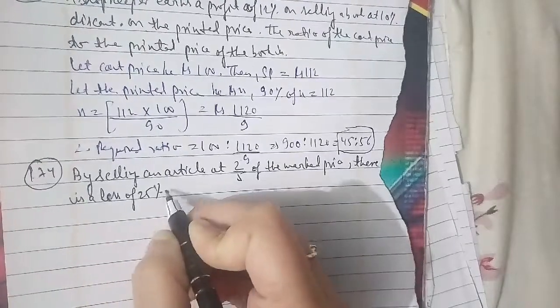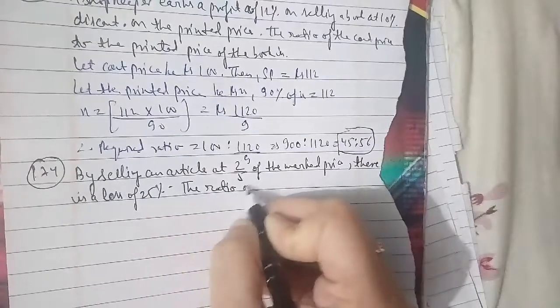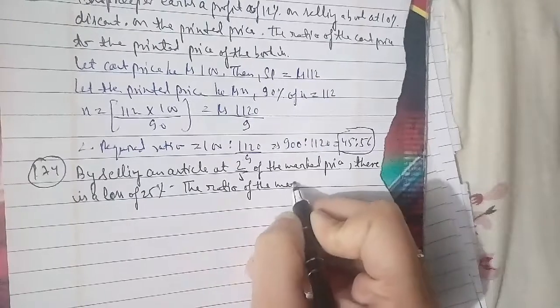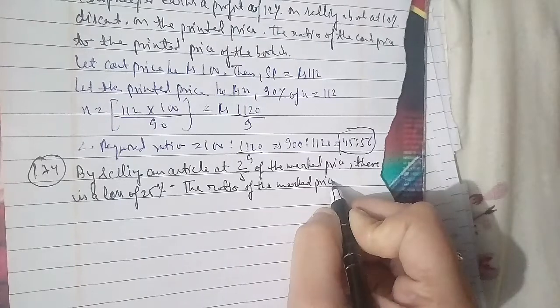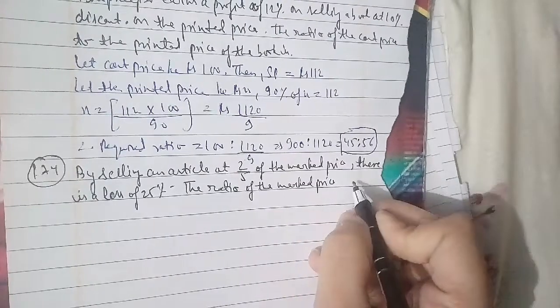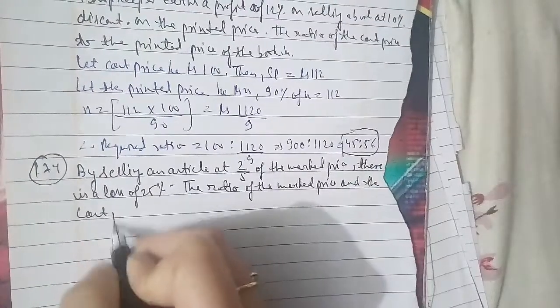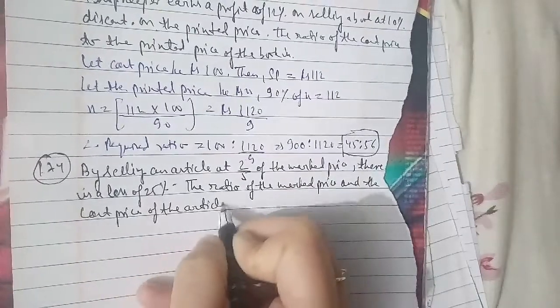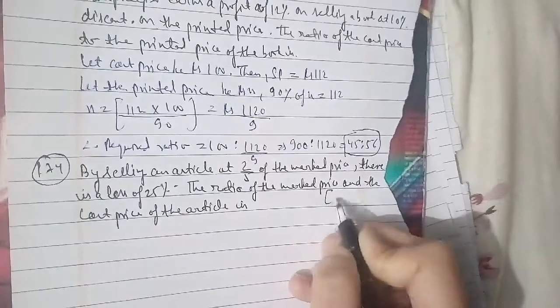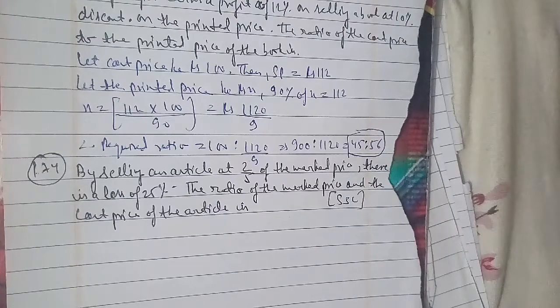The ratio of the marked price and the cost price of the article is, this has been asked in SSC examination paper. The options are 2:5, 5:2, 8:5 and 15:8 that we have here. So we go ahead for the same.